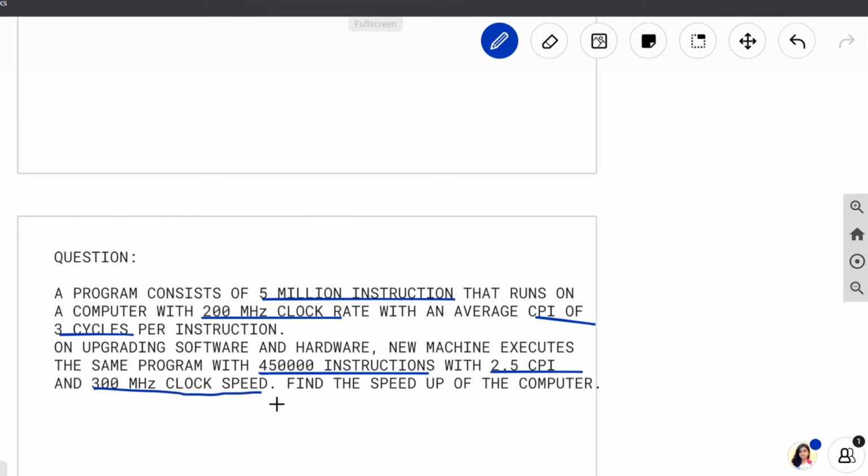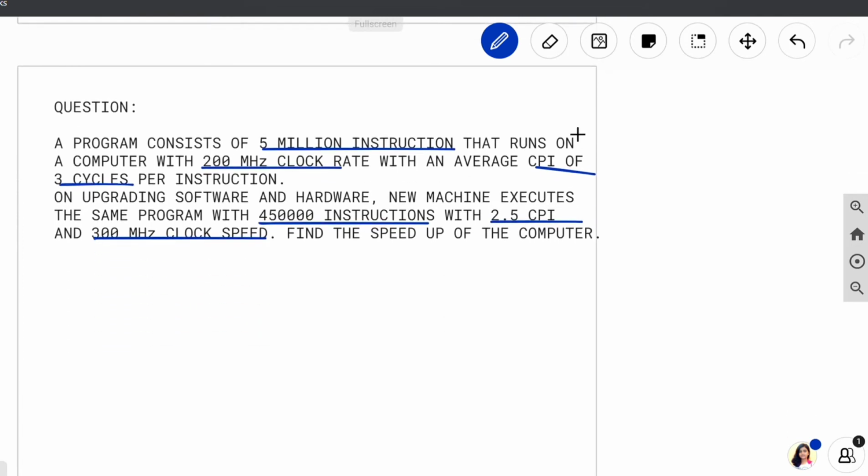So 300 megahertz is the frequency. Now we want to find the speed up of the computer. We'll be comparing between these two. This one is the old one and this one is the new one, that is the updated one.